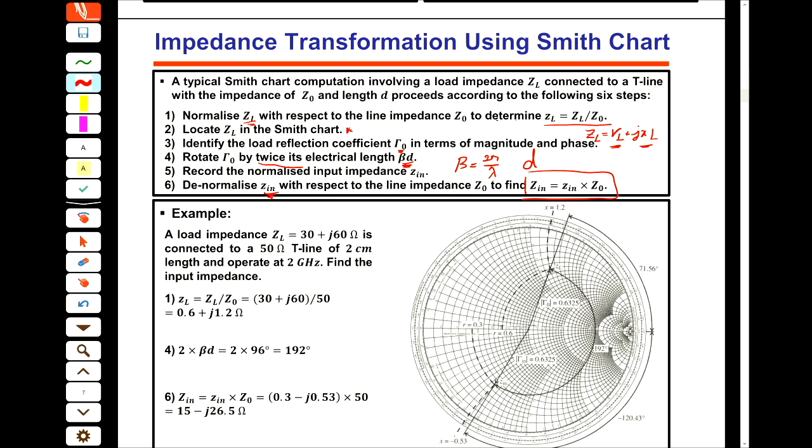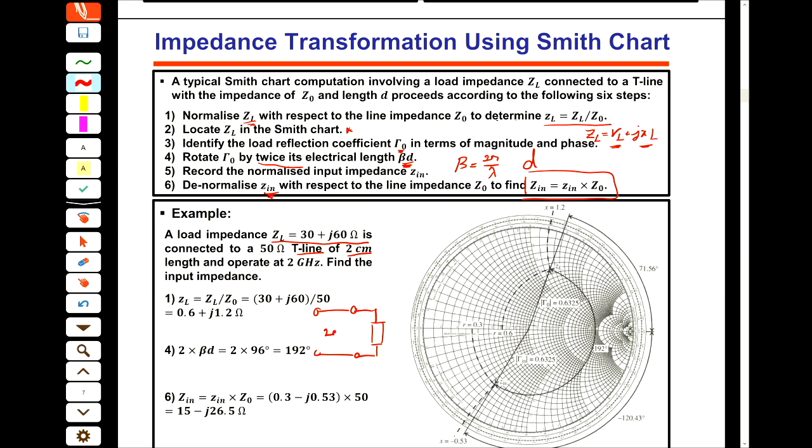In this example, we have an impedance of 30 plus j60, and I want to connect it to a transmission line with a length of 2 centimeters, and see what the new input impedance is. So we have a load connected to a transmission line.